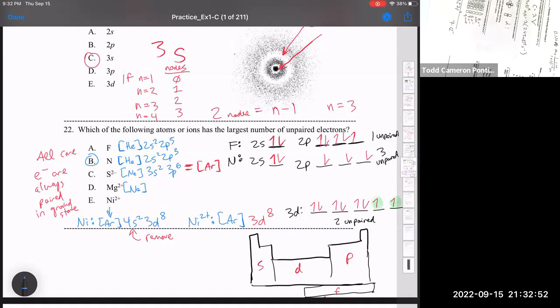But if you had something like gallium, Ga, which is 4s2 3d10 4p1, you would remove the 4p electron first, then the 4s electrons. The d electrons are always going to be the last ones to go.